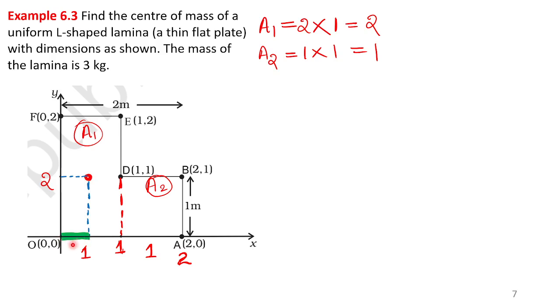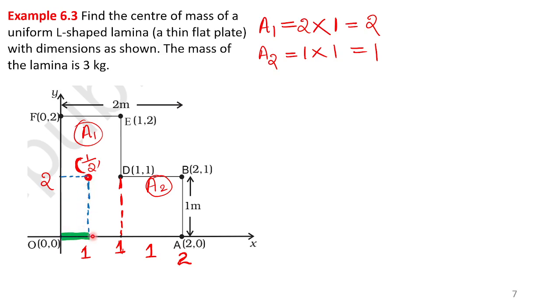Please respond. This length is 1 by 2. Is that okay? Yes, sir. I hope you have understood. So the center of mass will have x coordinate 1 by 2. I don't want to write all the measurements in the diagram. So clearly the x coordinate of the center of mass will be 1 by 2. This distance is clearly 1 by 2.